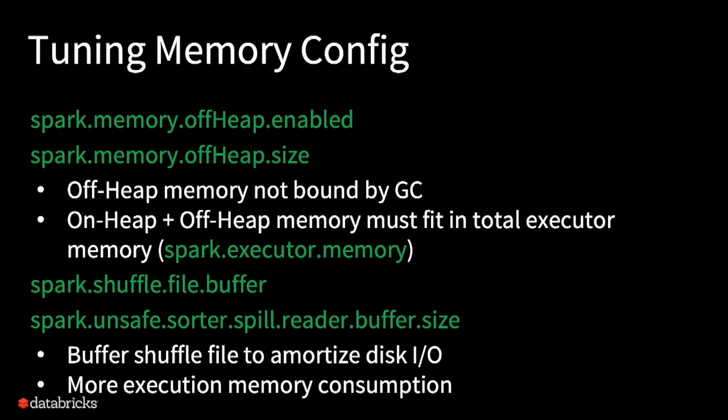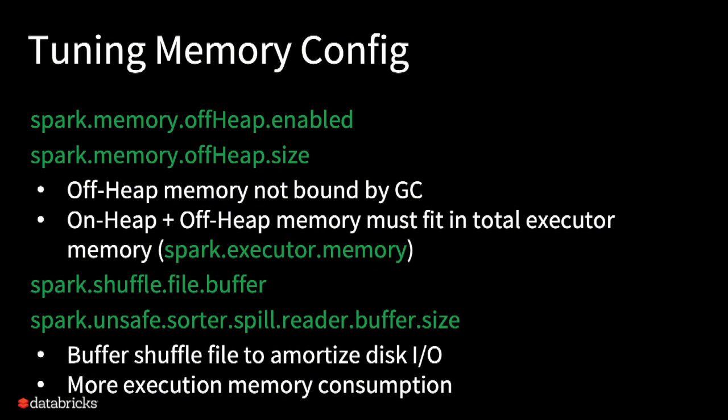and if you are using off-heap memory, it may go over the boundary. You may also increase the shuffle file buffer size by increasing the value of the config spark.shuffle.file.buffer and spark.unsafe.sorter.spill.reader.buffer.size. A higher shuffle file buffer can help optimize disk I/O and thus reduce I/O time.